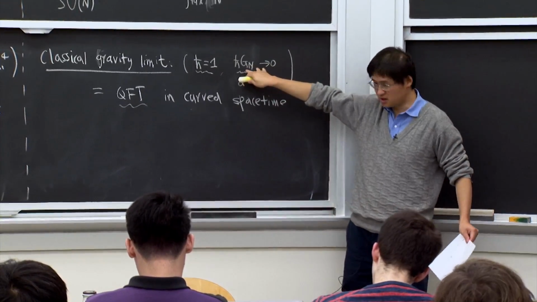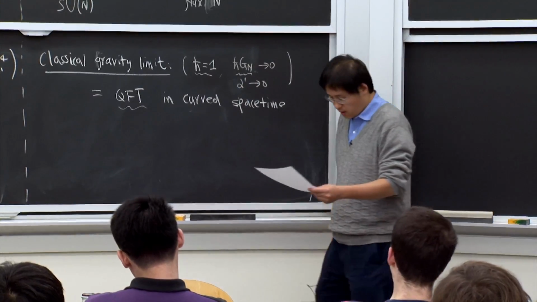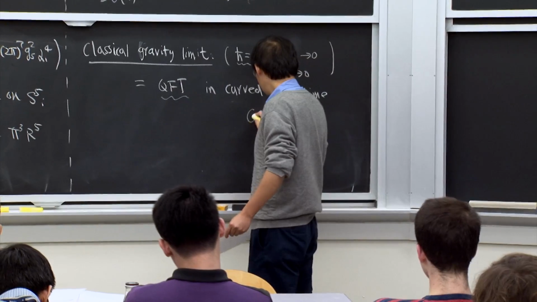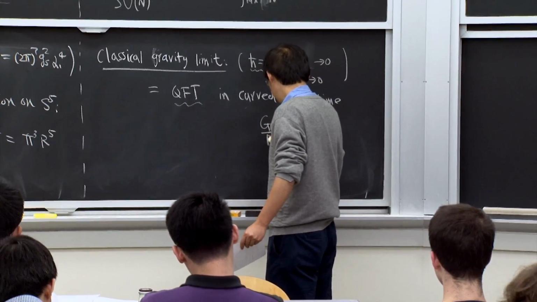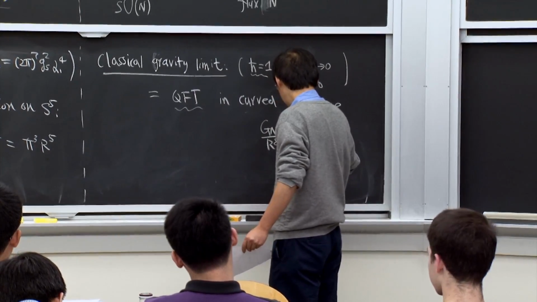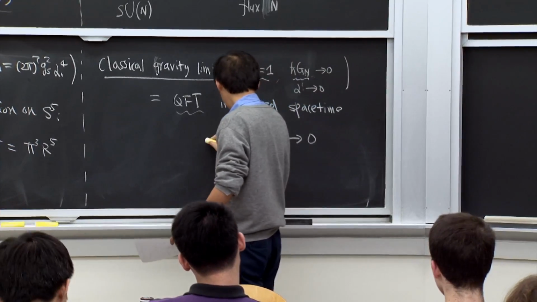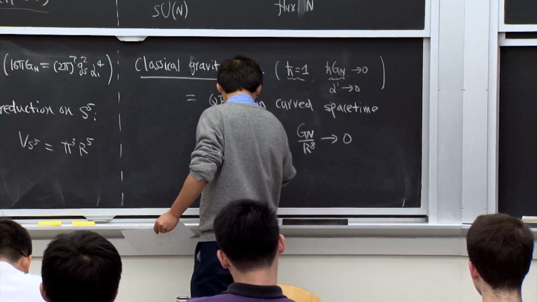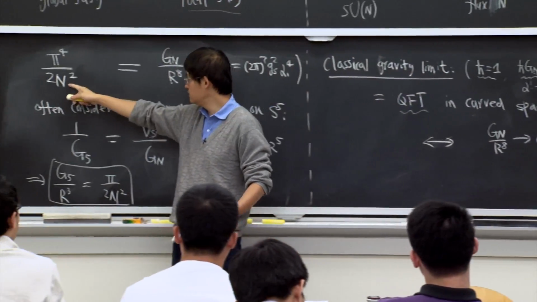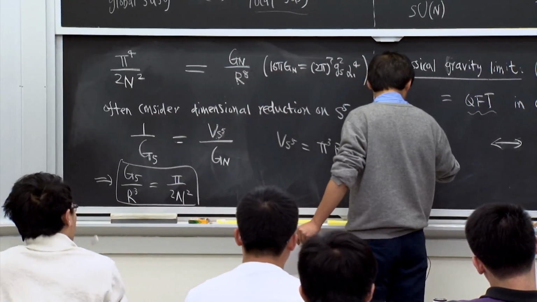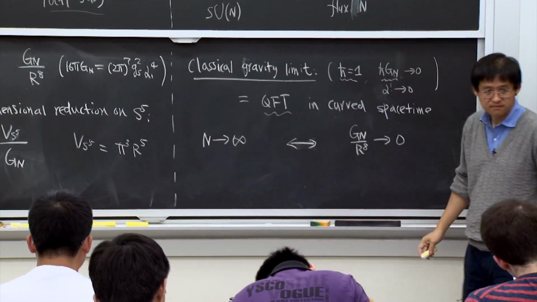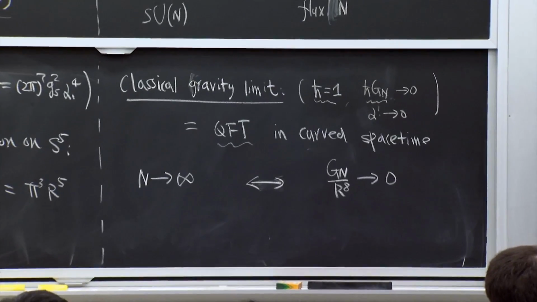It's just that you should consider G_N small. So let's consider what this means. G_N small, as a dimensionless parameter, translates into the field theory side. If we use this relation, that means N goes to infinity. So this is the large N limit of the Yang-Mills theory.